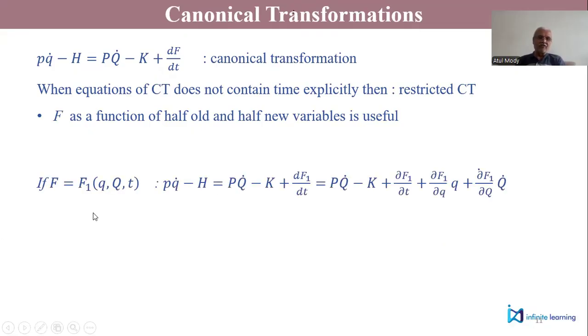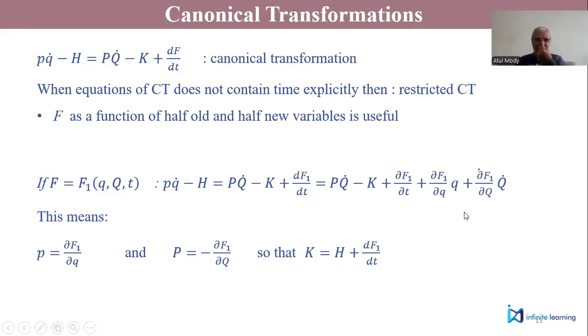So if F1 is a function of old coordinates and new coordinates, then substituting dF by dt as dou F1 by dou t, plus dou F1 by dou q times q dot. It should have been q dot; that dot is missing here, a typographical error. Plus dou F1 by dou Q, capital Q, times Q dot. Now you can correlate the left hand side with the right hand side and see how they must be related.